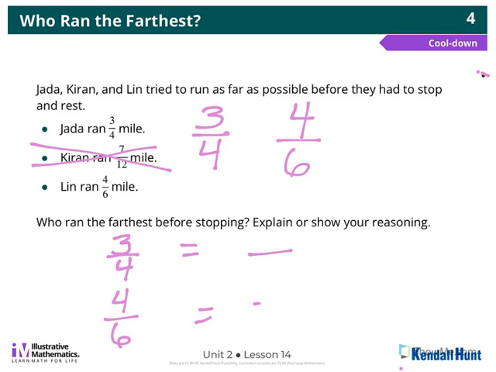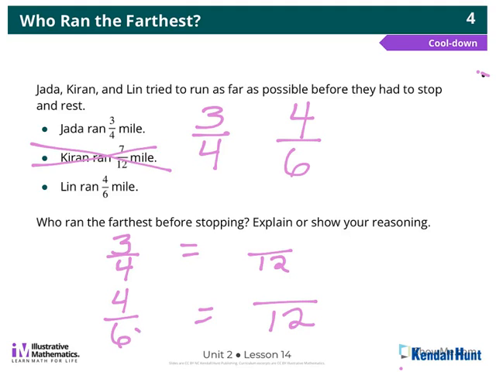So I'm going to think to myself, what number does both 4 and 6 go into evenly? I'm going to count by 4s and see if 6 goes into any of them. 4, 8, 12. Hey, doesn't 6 go into 12? So I'm going to use 12 for both of my denominators.